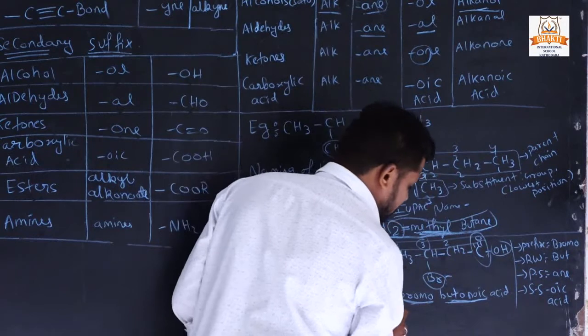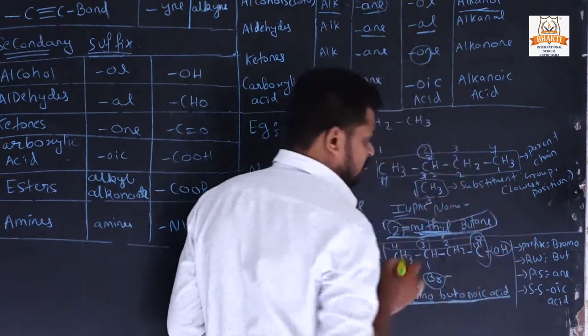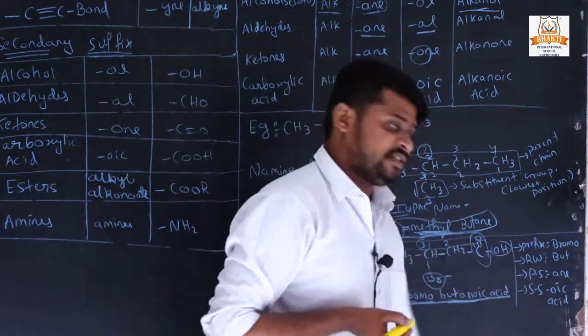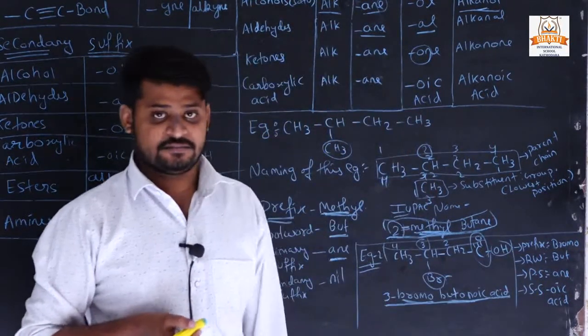So the full name is 3-bromobutanoic acid. So this is our secondary group, OIC, carboxylic acid.